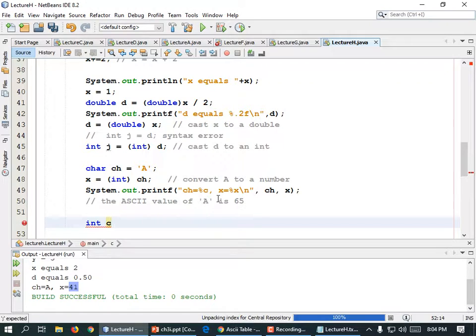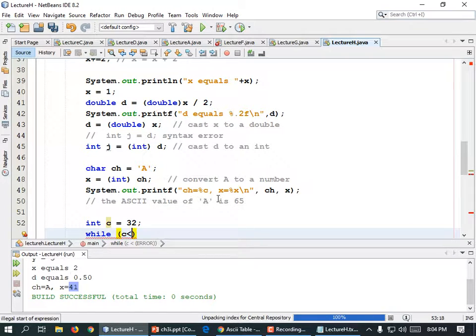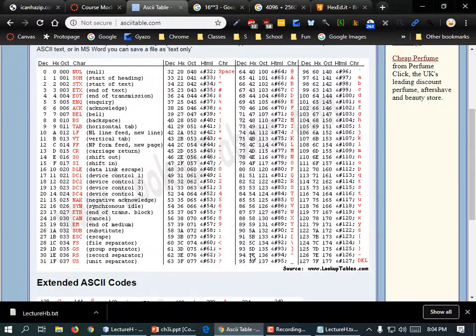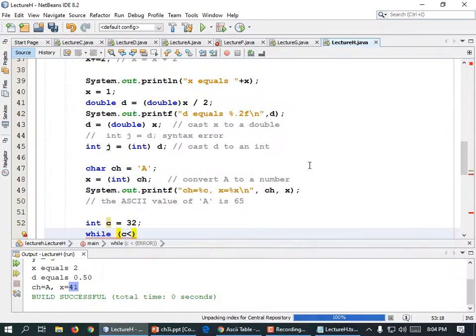Int c for counter equals 32, semicolon. While, parentheses, c is less than or equal to 95, in parentheses.